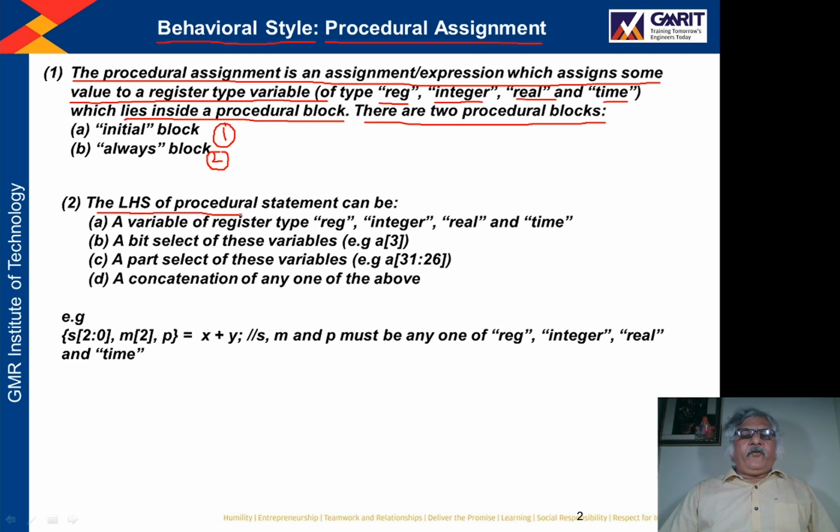The left hand side of a procedural statement can be, suppose this is some expression like A ampersand B, and this expression we want to assign to Y. So if this statement is inside an initial or always block, then the left hand side of this expression equal to, this is your left hand side and this is the right hand side.